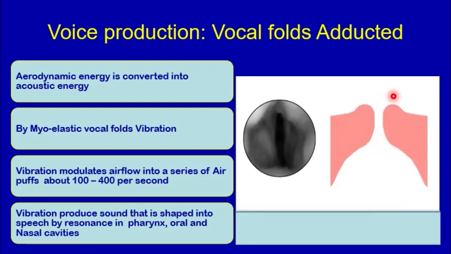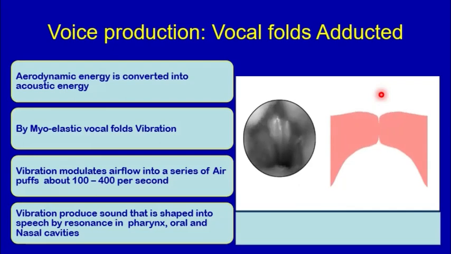Once this happens, the elastic vocal folds close up again because the pressure has now dropped, and another cycle forms as the pressure builds up again, reaches a certain amount of pressure, pushes the vocal folds open, a small amount of air escapes, and so on.